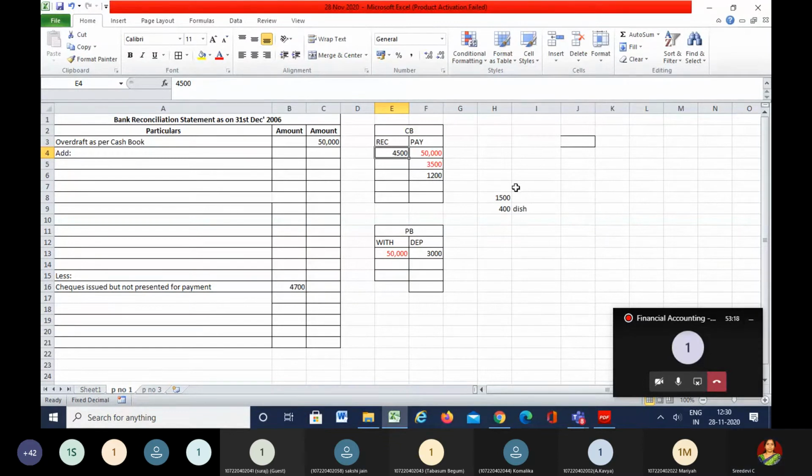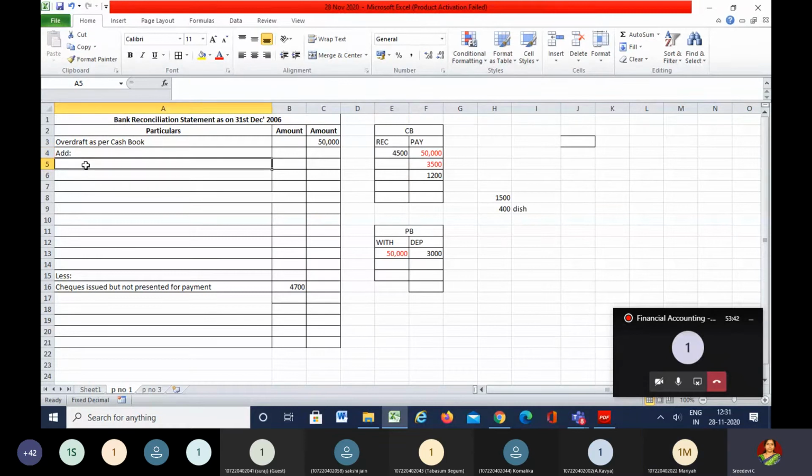Cash book is more. One second, please. Think. Now we have written 4500 onto the opposite side. So when you're writing it onto the opposite side of the balance, what happens to the overdraft in the cash book? Decreases. And the passbook? Increases.